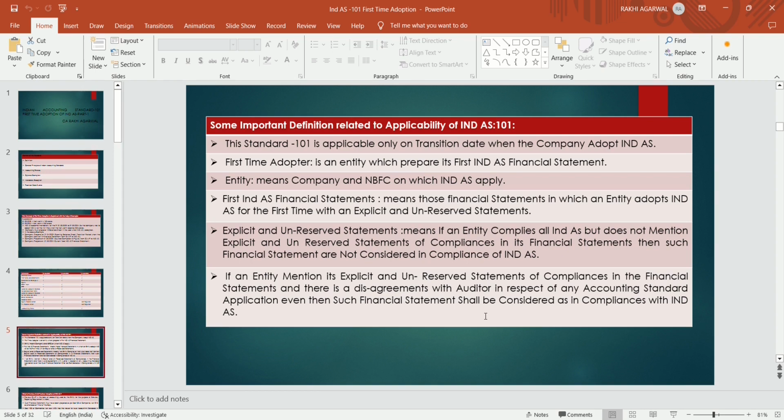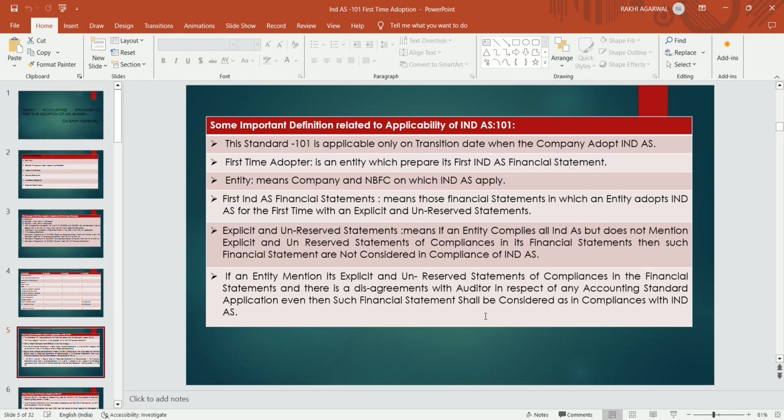A first time adopter means an entity which prepares its financial statements for the first time as per Ind AS. Entity means a company, whether listed or not, whose net worth crosses 250 crores, and NBFC companies are the entities on which Ind AS will apply.